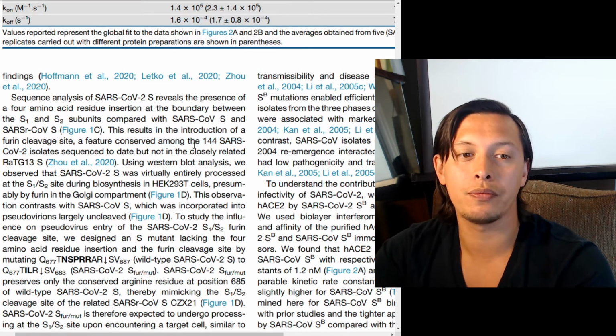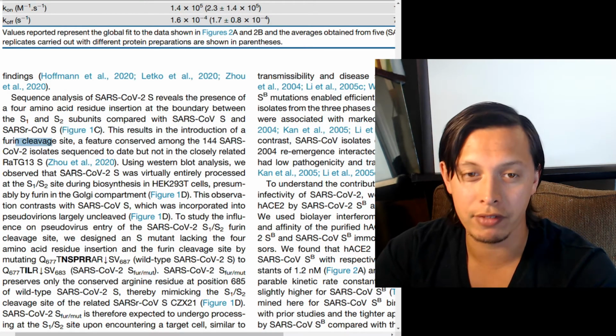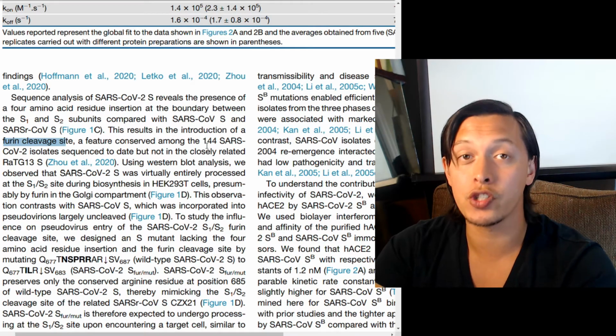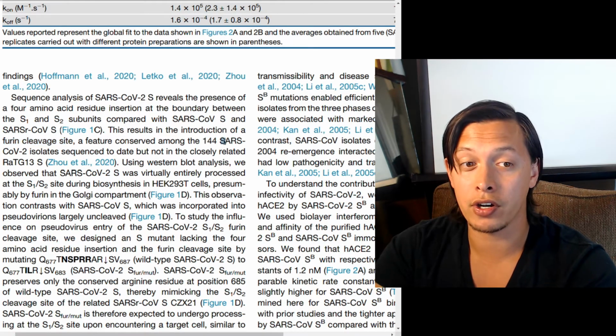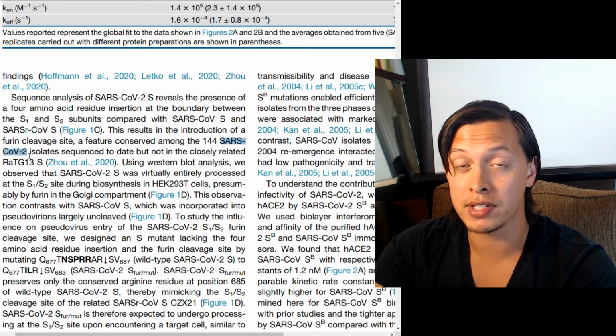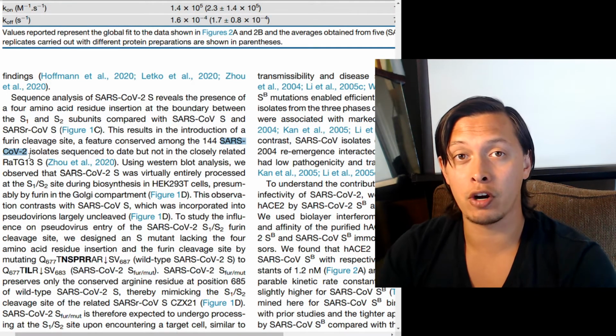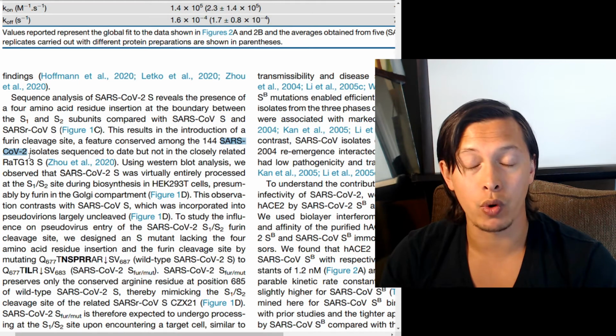So what they're saying is this furin cleavage site is conserved in all of the SARS-2 coronaviruses that we've sequenced. You might have seen that there are many different strains of this new coronavirus going around.